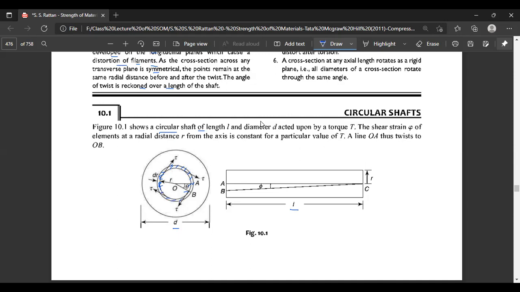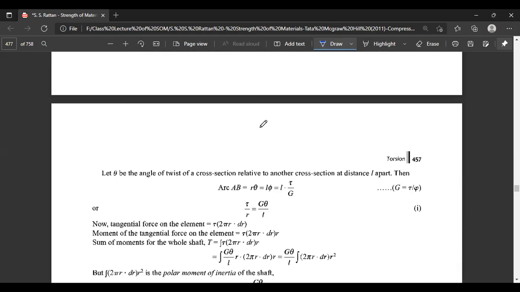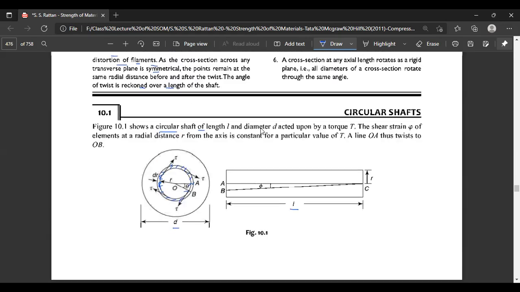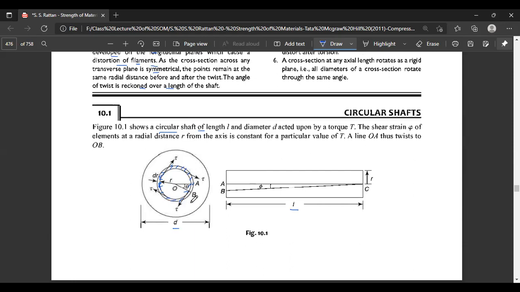Now, let theta be the angle of twist of a cross section relative to another cross section at a distance L apart, as given here.